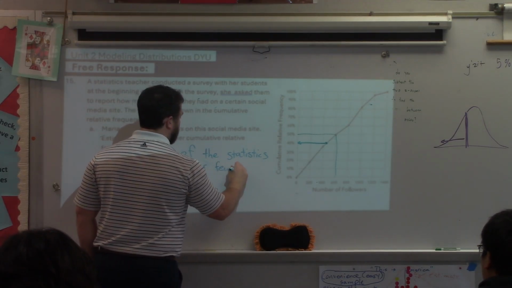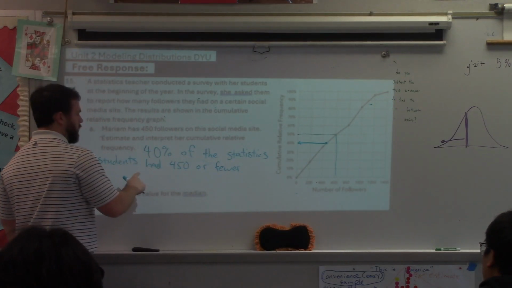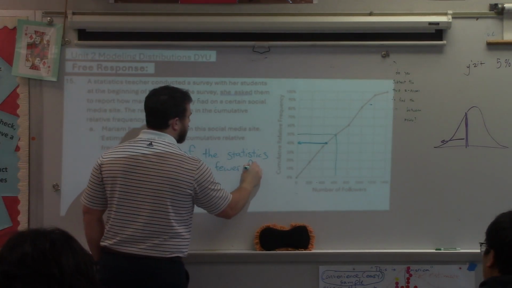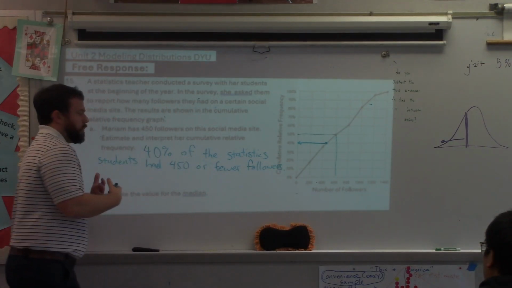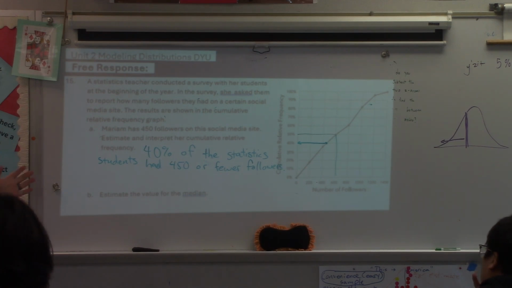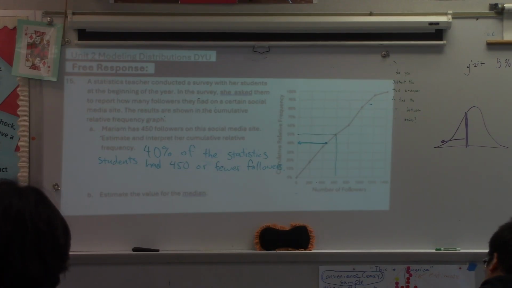Now you should probably also refer somehow to Miriam, so as many as Miriam or fewer followers, right? Like that's the idea of percentile. So 40% of the students had 450 or fewer followers. Remember, the variable is the number of followers. The students, though, are the individuals that we're talking about. Okay?